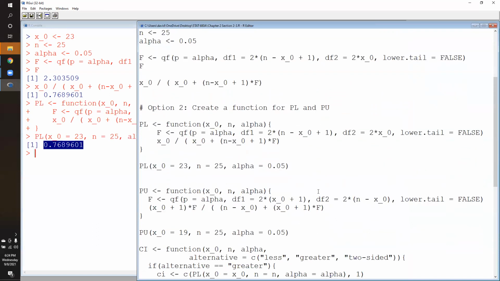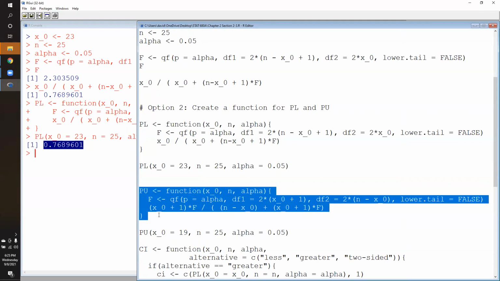All right, similar to equation 2.9 in our book, we could calculate the upper bound for the proportion, right? This is the upper limit of the lower one-sided 100 times (1 minus alpha) percent confidence interval for P. In the book, we see that we have a different equation for this one-sided confidence interval, but by hard coding this into a function, we can get the upper bound.